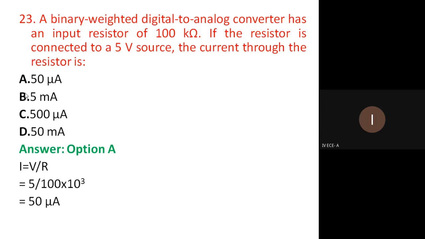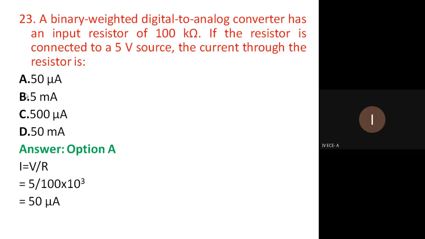Next, question number 23. A binary weighted digital to analog converter has an input resistor of 100 kilo ohm. If the resistor is connected to a 5 volt source, the current through the resistor is, they are asking. Very simple.